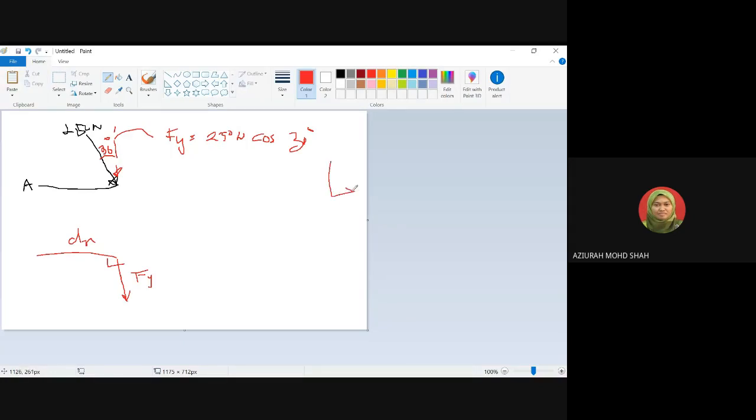Because we already put component Y vertical and component X is horizontal. Jadi ini adalah dx lah. So we get Fy, which is 250 Newton cos 30 times with 2 meter. What about Fx? Ni Fx.